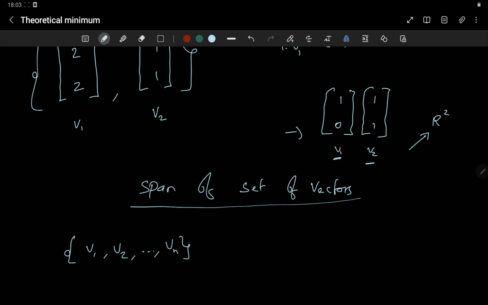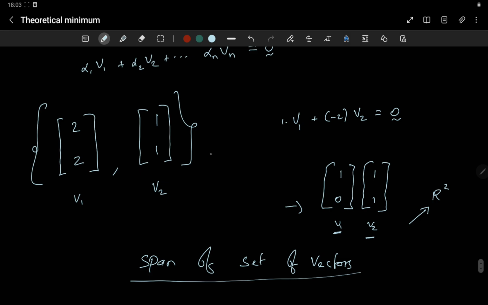Now let's come to this thing once again, v1 and v2, where v1 is 2 2 and v2 is 1 1. Now tell me, what is the span of this vector set? Can you reach any point in R2 space?